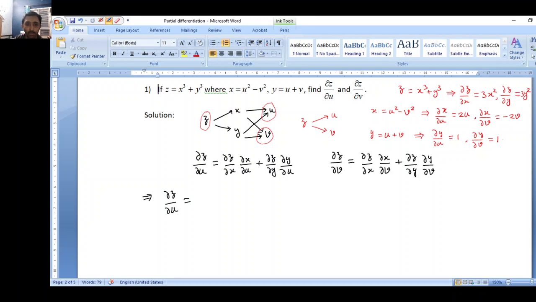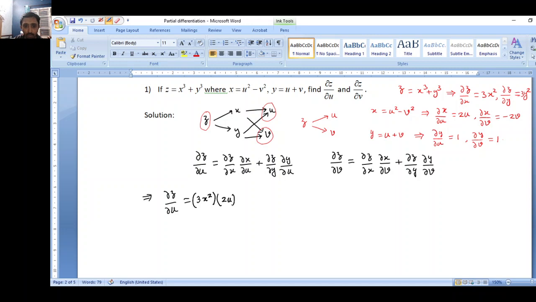So ∂z/∂u is ∂z/∂x into ∂x/∂u. So ∂z/∂x is 3x², so this will be 3x² times ∂x/∂u. ∂x/∂u is nothing but 2u.